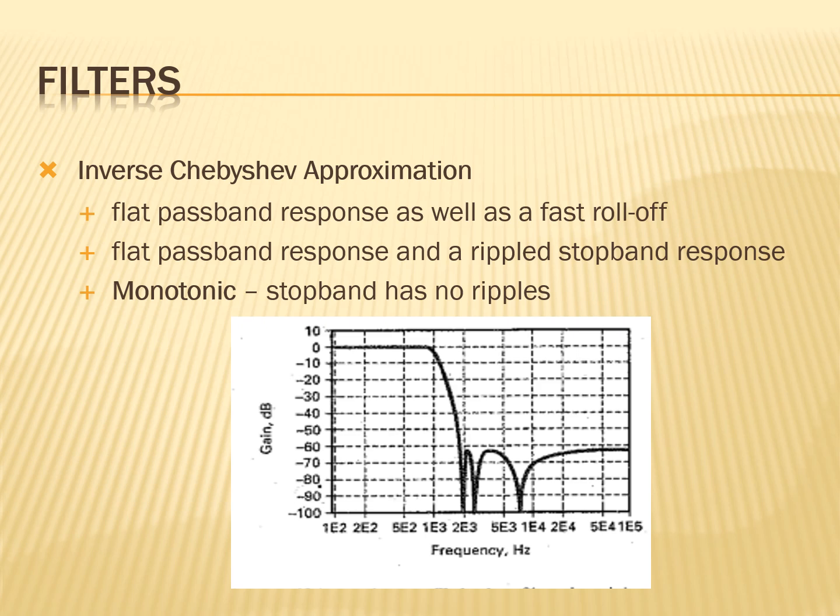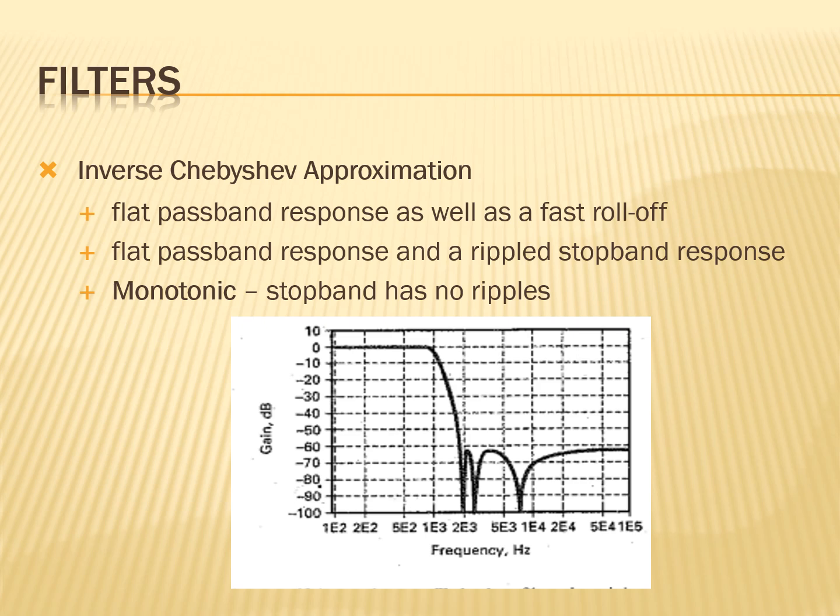For applications in which a flat passband is required and also a fast roll-off, the roll-off rate in the transition region is faster compared to the roll-off rate of the Chebyshev. This is what we call the inverse Chebyshev approximation.